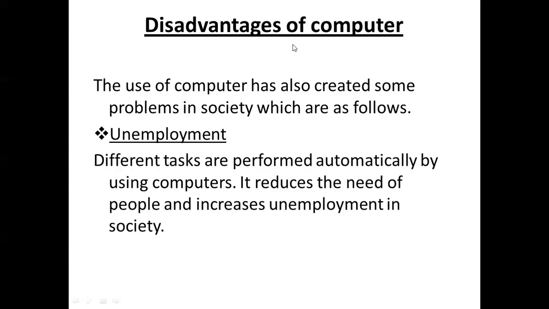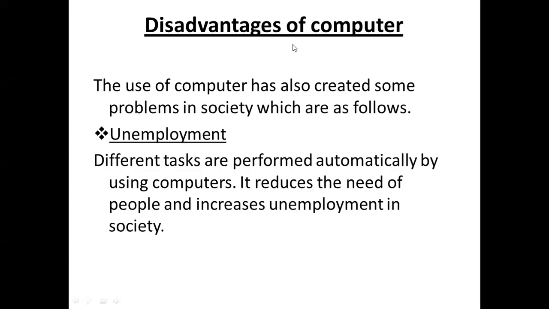If we need 50 people to complete a task, now that the task that is completed by 50 people is only done by a single person who is operating on a computer. So different tasks are performed automatically by using computer. We don't need different people for different tasks. By using a single computer, we can perform multiple tasks.